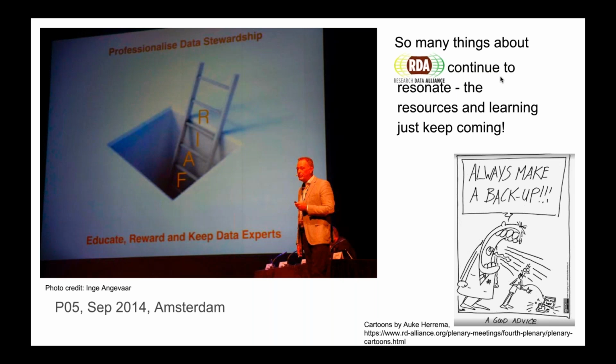And these groups exist not just at the plenaries, but like with all RDA groups, they continue to be active between plenaries. And it's actually between plenaries that you see the most activity in a bunch of the working groups and interest groups, because as Lynn indicated, the point of RDA is to build things, to get things done. And so it's the work that gets done between the plenaries. We come together at plenaries to have those discussions, to make those connections that make the solutions work.